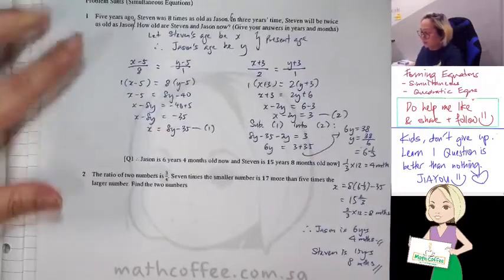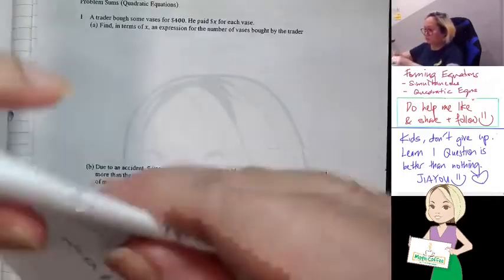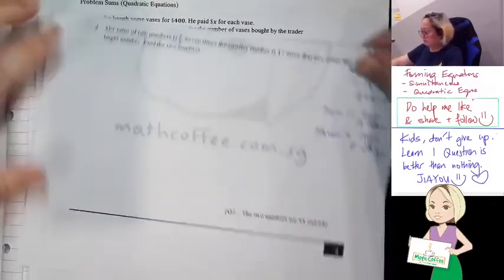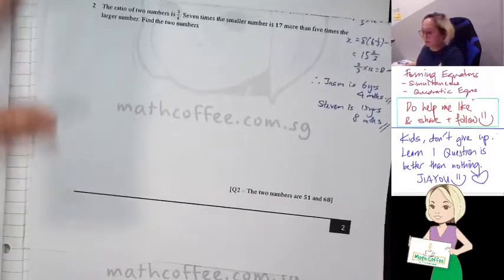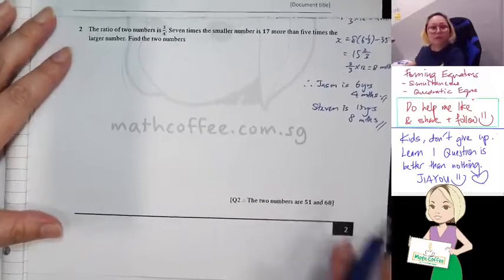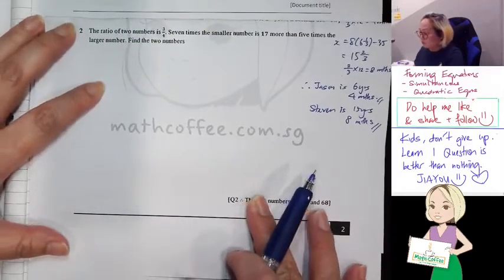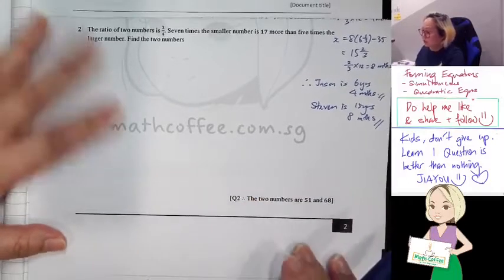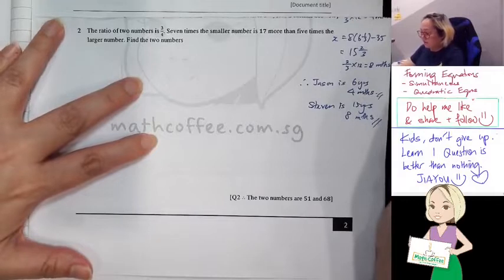Okay, now let's take a look at question 2. Okay, I'm going to fold the paper. So now this one, the ratio of two numbers is 3:4. It says 7 times the smaller number is 17 more than 5 times the larger number.